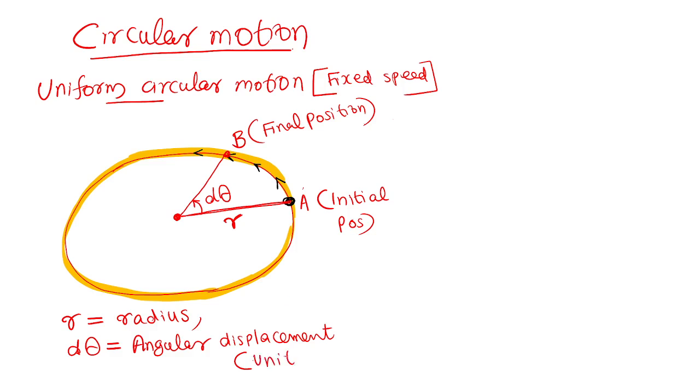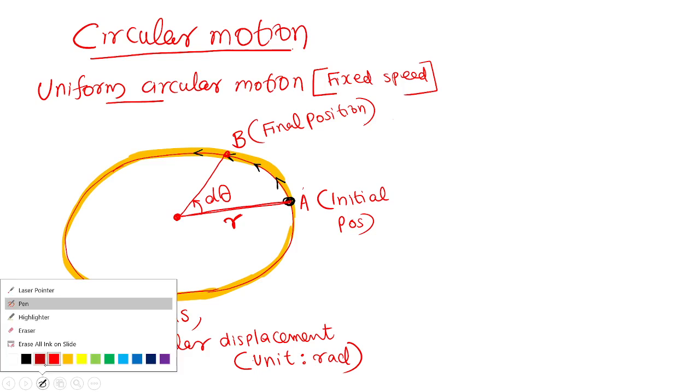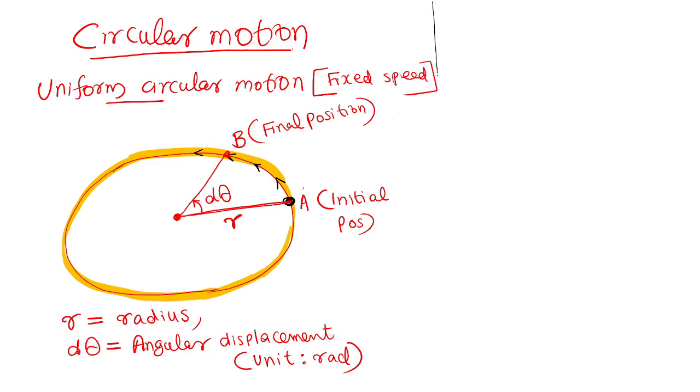The unit must be radian. It is important. The angle has actually two units. One is degree, the other one is radian. You might have studied radian measurement in the chapter trigonometry in maths. If you don't understand, you can ask me. So d theta is the angular displacement.